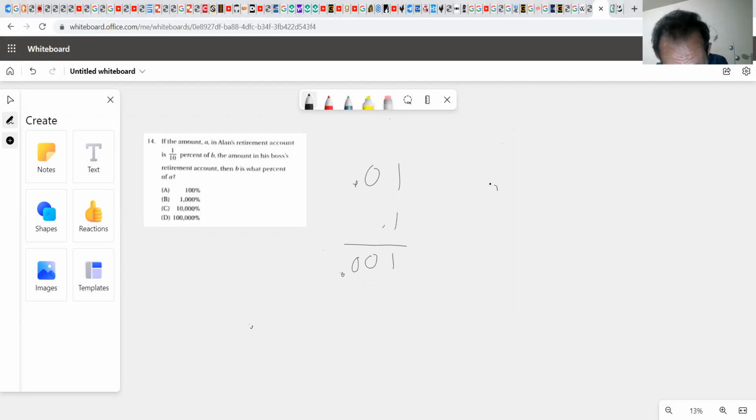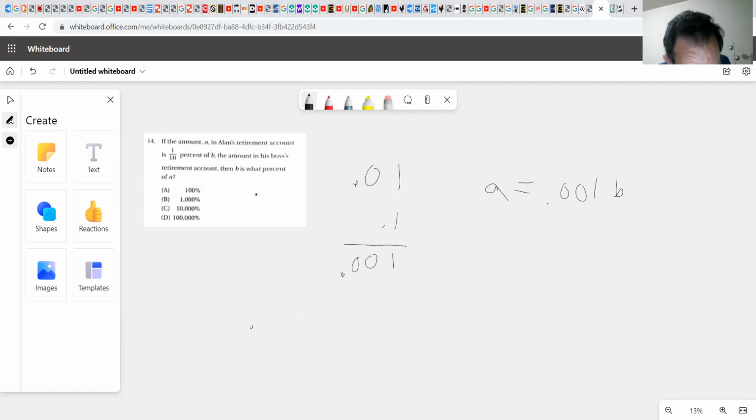So A, that's Alan's retirement account, is equal to 0.001 B. Now, they give you this question at the end, and they say then B is what percent of A?